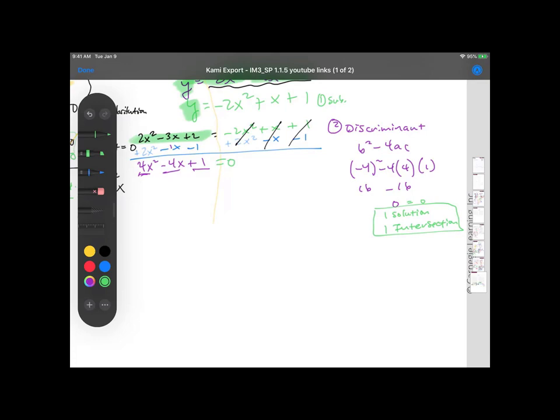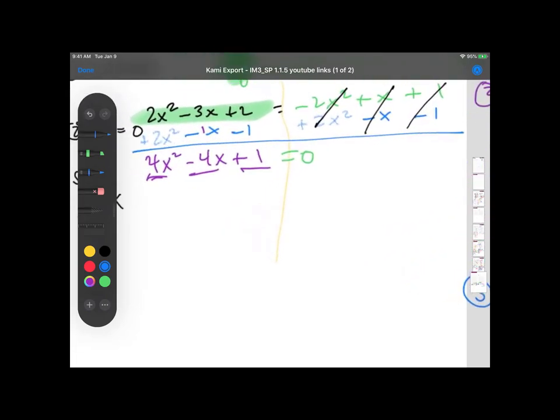The next step is to solve for x. I'm going to solve for x over here in the purple one by using factoring. Let's see if we can factor this. A times c and b. A times c is 4, and my b value is negative 4.